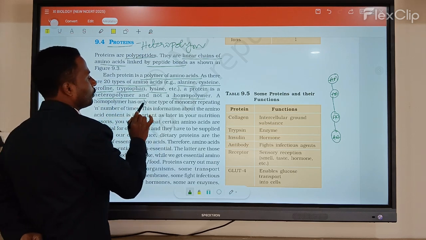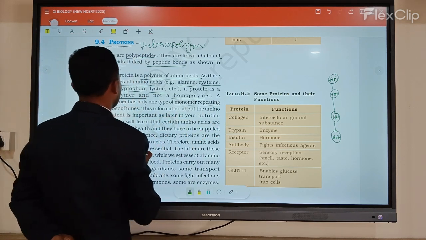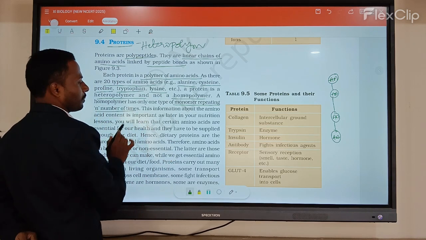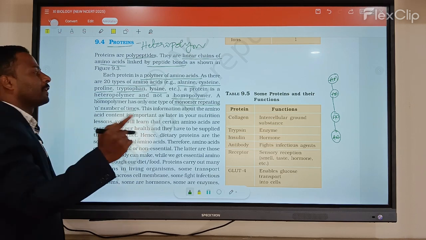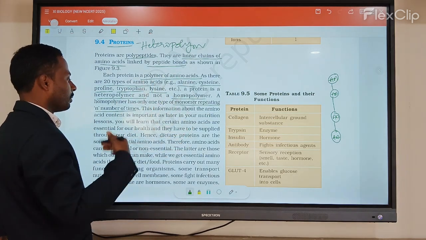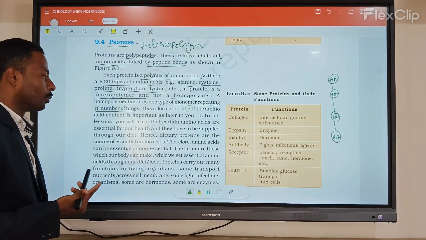A homopolymer has only one type of monomer repeating n number of times. So here, homopolymer means only one type of amino acid or monomer repeating many times.